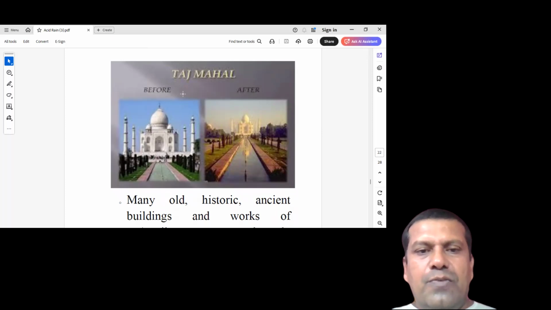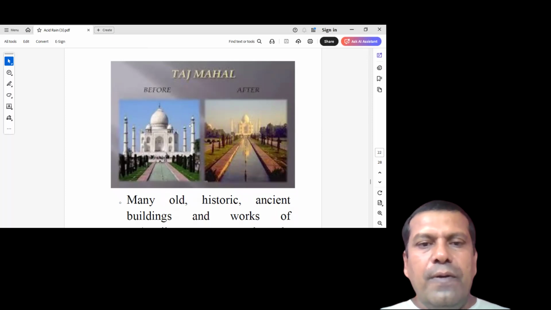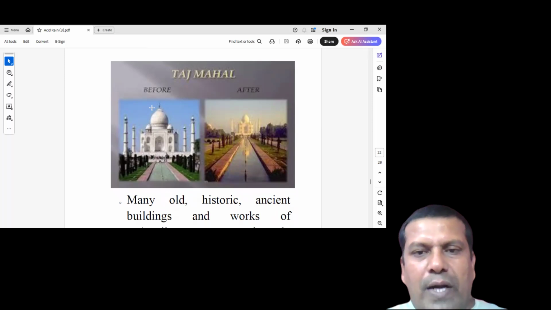Taj Mahal was earlier a completely pure white marble, nothing but we can say sandstone, so it looks completely white in color.